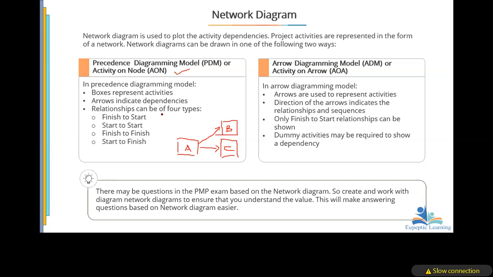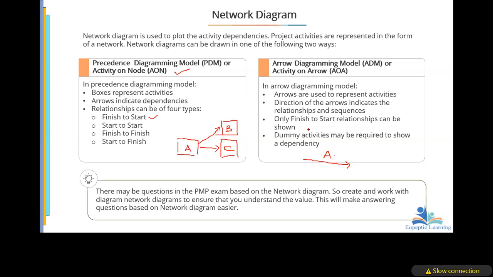Then there are also the relationships that we talked about: the finish to start, so this will finish and this will start in that order, or the start to finish, or the finish to finish. But when we get to the activity on arrow, arrows are used to represent the activities. The direction of the arrows indicates the relationship and sequences. So usually this is activity A. The arrow is showing the activity, and in some cases they will put the duration by it.